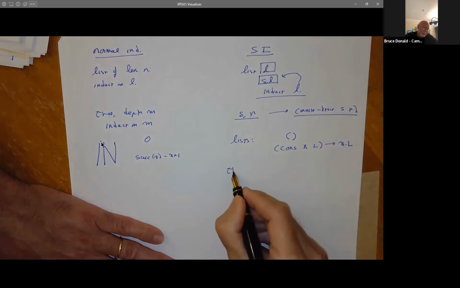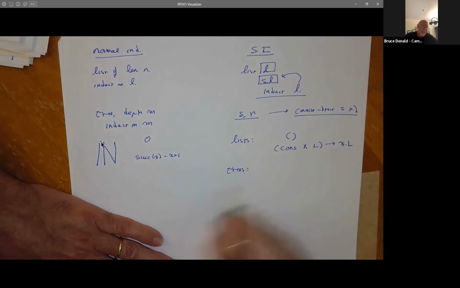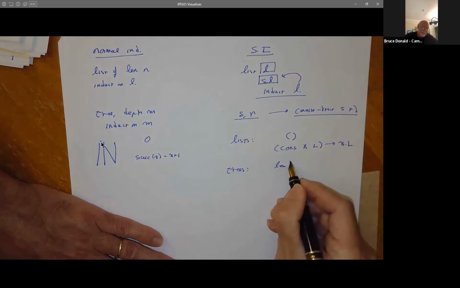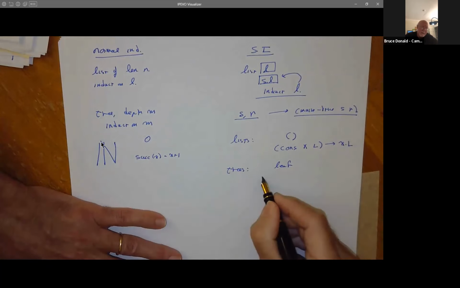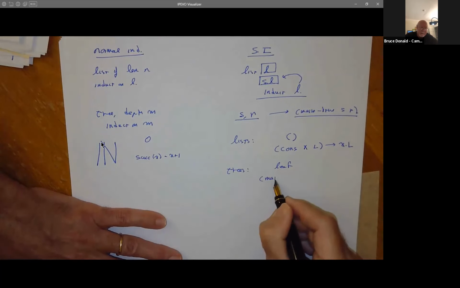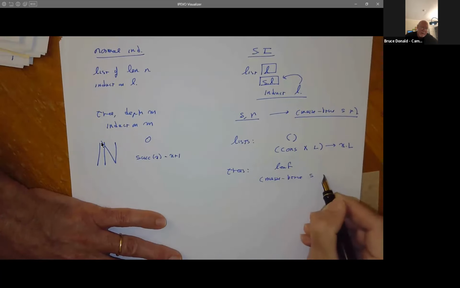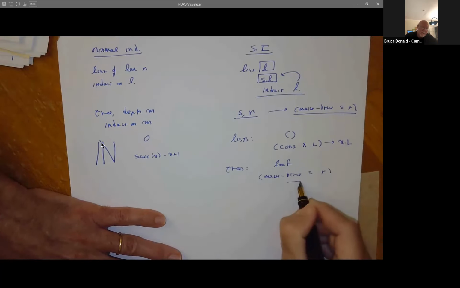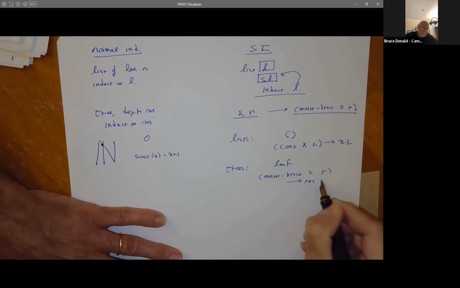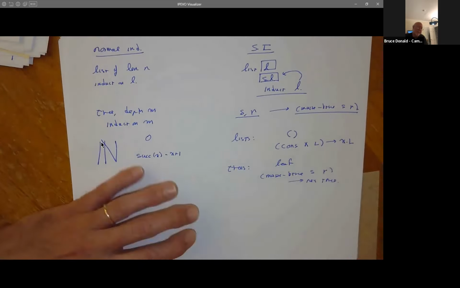Similarly for trees, our base case is a leaf. And then we can get a new one by saying make binary tree out of two subtrees, S and R, to get a new tree. And when you think about them, it kind of makes sense here.